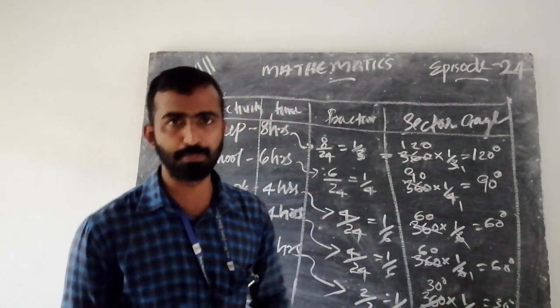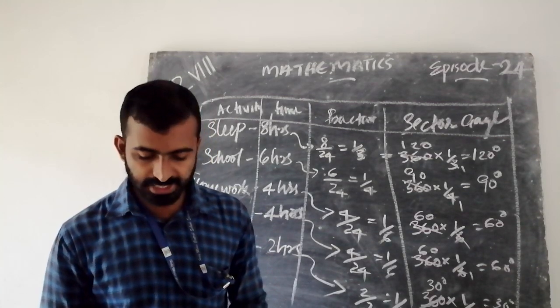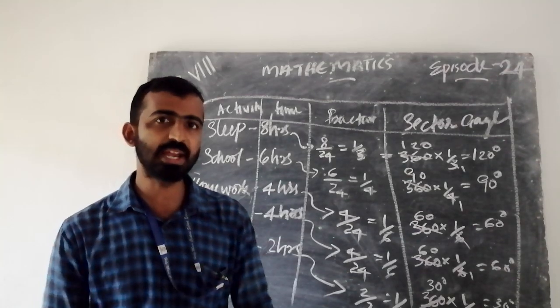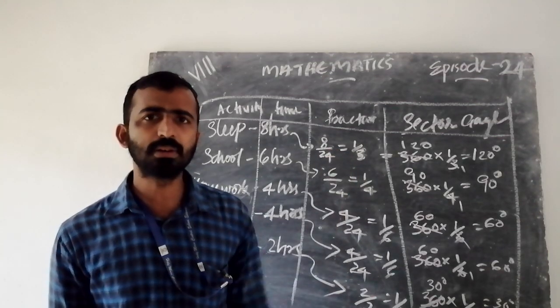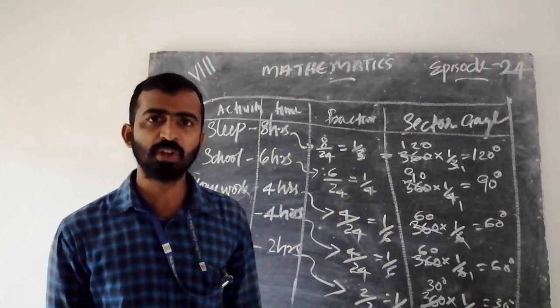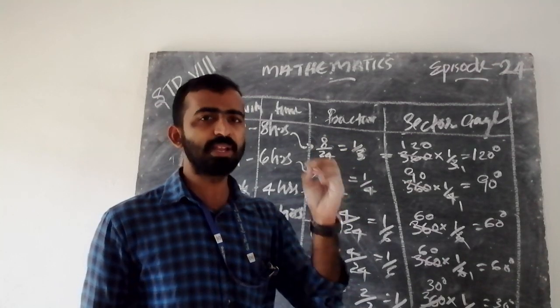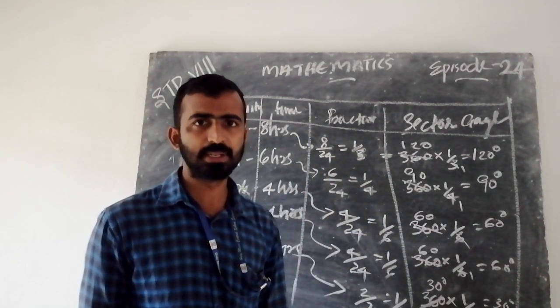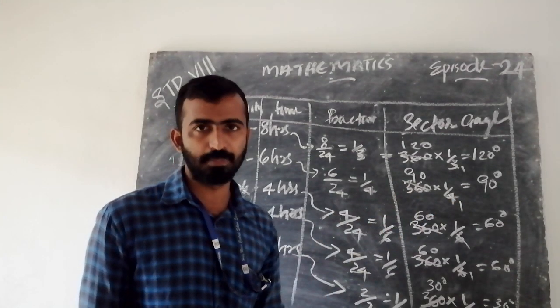First we make the table. Next we can draw the angles, and then the pie chart. Is it clear? Any doubt? For drawing a pie chart we must make the table, just as when drawing a histogram we make the frequency table. There is a frequency table, here is the pie chart table.